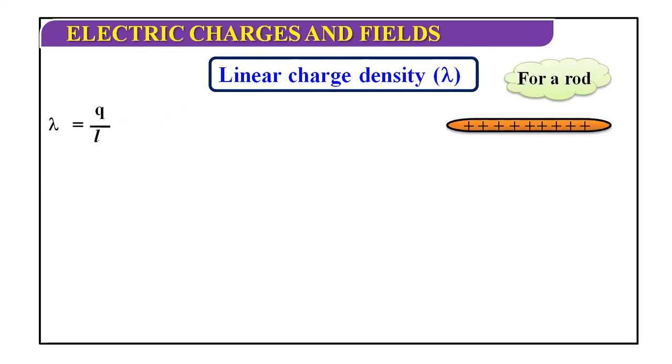For example, we take a rod. How is the charge distributed over a rod of length L, and total charge is Q. How this total charge Q, it may be 10 coulomb, it may be 20 coulomb, how the total charge of 10 coulomb or 20 coulomb is distributed or spread over the length L. So that is represented by the term linear charge density. Lambda is equal to charge over length.